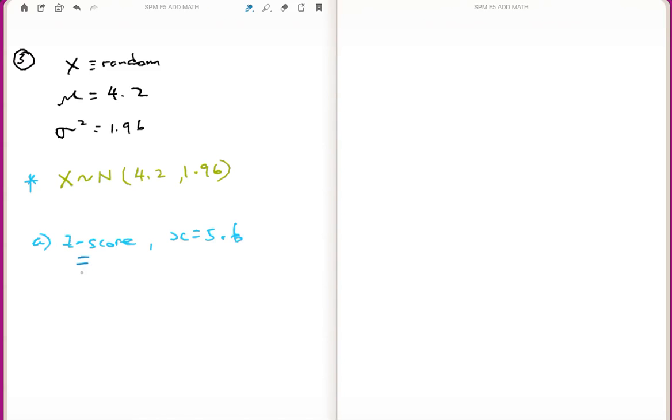Z-score is actually the conversion. It's x subtract mu, which is 4.2, over 1.96, which is standard deviation. You do not use variance, you use standard deviation. Therefore, the answer is 1.